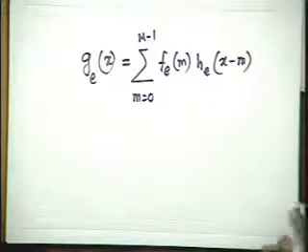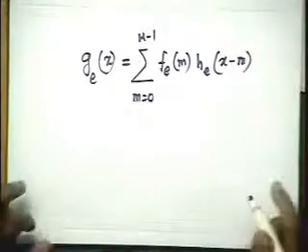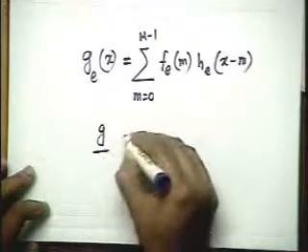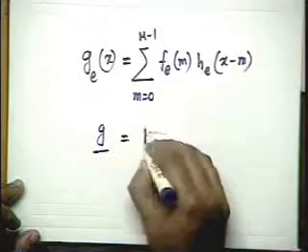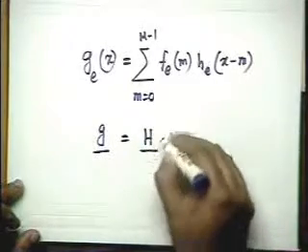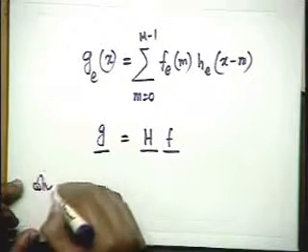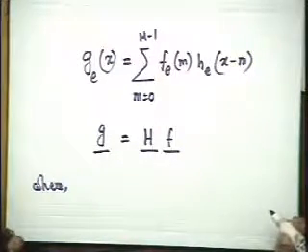Alright. Now this same equation we can write in the matrix form, in the matrix-vector notation, as g equals H f, where we are taking how many samples of f? We are taking capital M number of samples, isn't it?